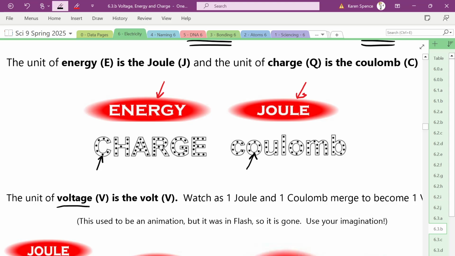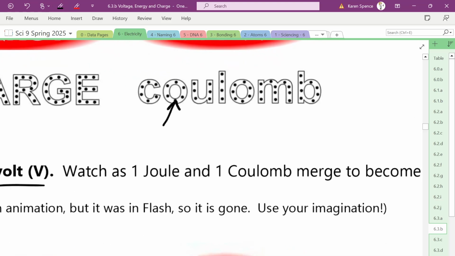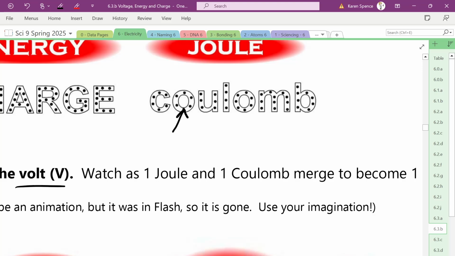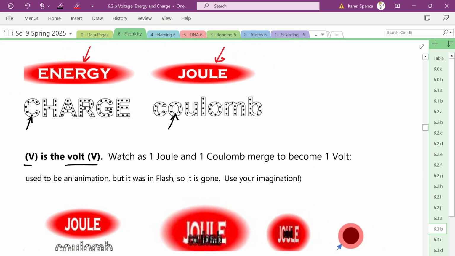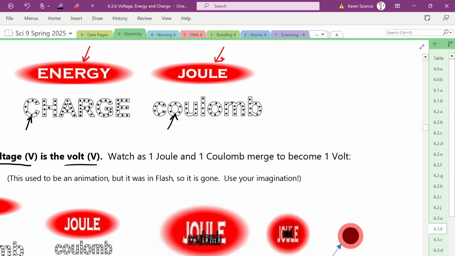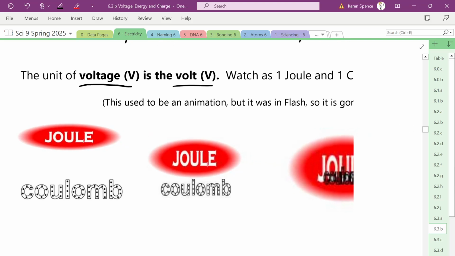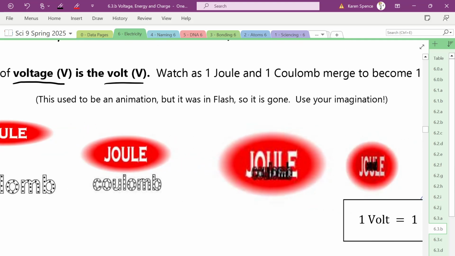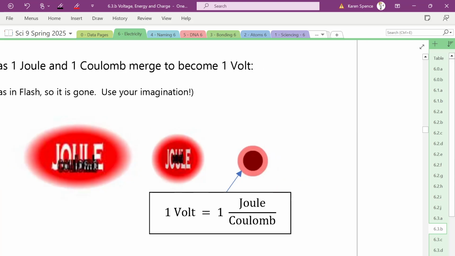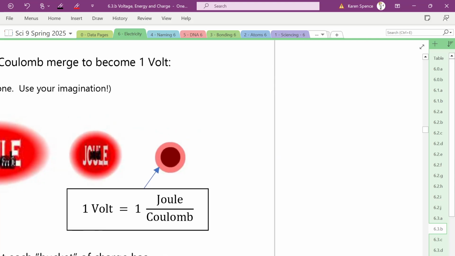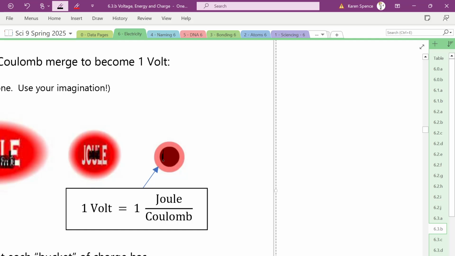So voltage is measured in volts. Let's watch as 1 joule and 1 coulomb merge to become 1 joule per coulomb, or 1 volt. Here's our joule and our coulomb. Here they come together. Oh, look, they are merging. They're still merging. And now we have that charge, which is the black part in the middle.